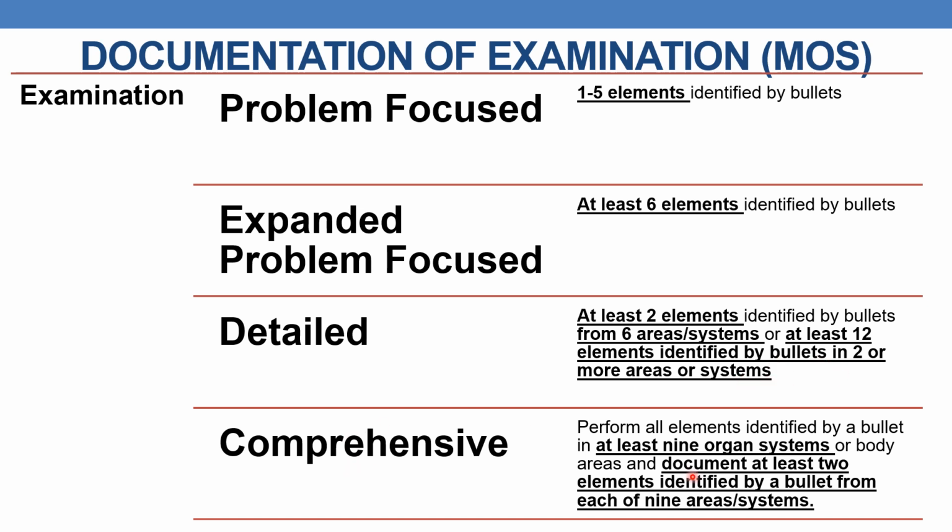And for comprehensive, perform all elements identified by bullet in at least 9 organ systems or body areas and document at least 2 elements identified by bullet from each of the 9 areas, or at least a minimum of 18 elements must be documented.